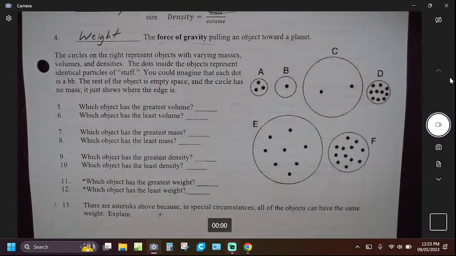It's not supposed to be really hard. It's supposed to be pretty simple. But you still might miss some, and that's okay. Let's see.